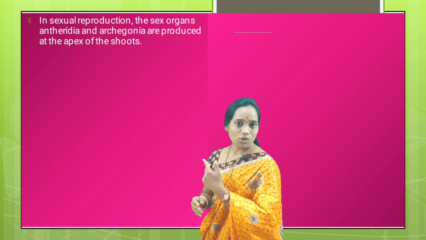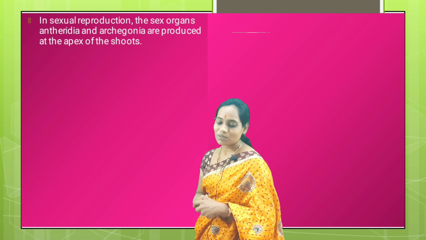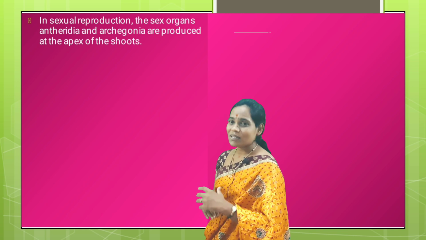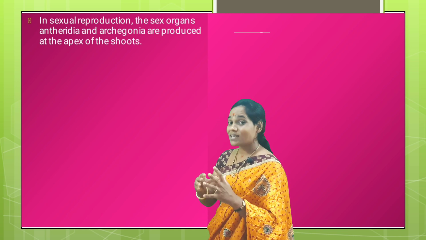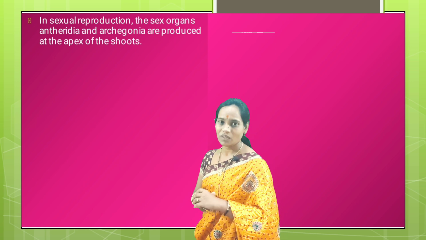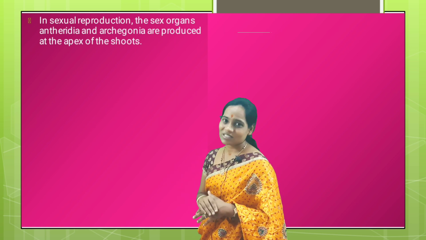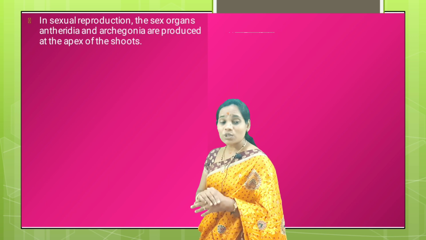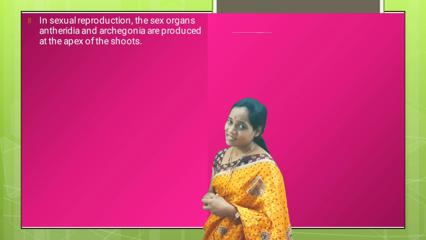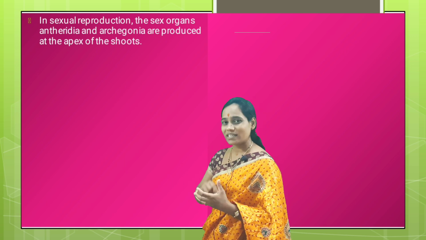Next, we will study sexual reproduction. How do the mosses reproduce? As I told you, the mosses produce the sex organs in the leafy stage. Where do they produce the sex organs? Usually in the leafy stage, you can find the slender axis, that is a stem-like structure.